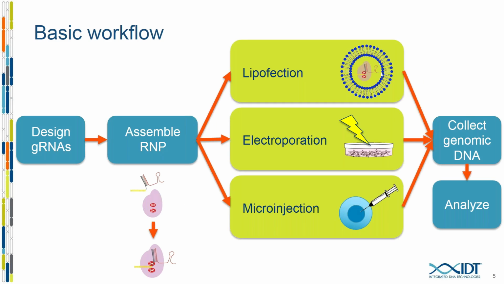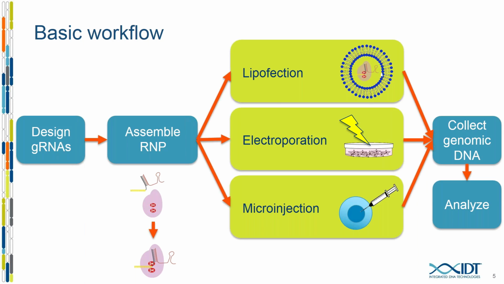So taking a look at the basic workflow for a CRISPR experiment, I've broken it down into 5 distinct steps here. It begins by designing your guide RNAs, so figuring out specifically where in the genome you'd like to target, and then how to identify which 20 base sequence you'd like to use to target and induce that double-strand break. Once you've designed those guide RNAs, then you need to order and prepare your guide RNAs and complex them together with the Cas9 protein.